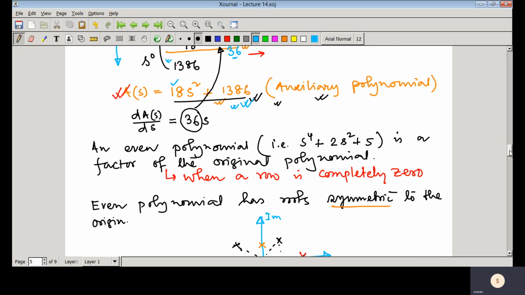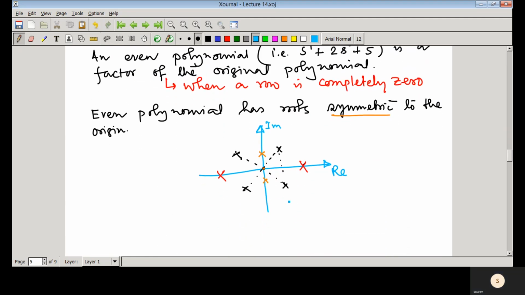And now you just apply this particular property of even polynomial. Since there are no roots on the right half of the S-plane, as the roots are symmetric to the origin, that means there should not be any roots on the left. So then what happens?